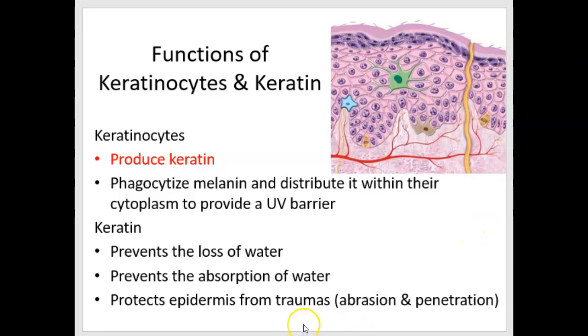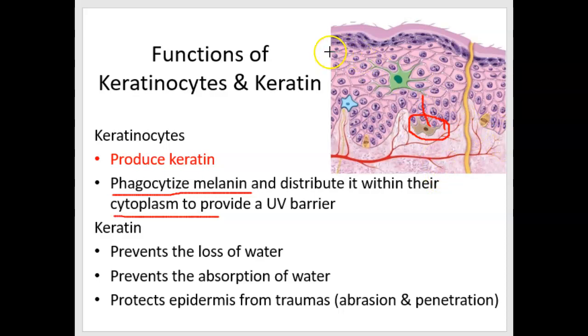The other thing that keratinocytes do is they phagocytose melanin. That means they take up melanin and distribute it in their cytoplasm. Now, melanin was actually made by the melanocyte. So when the melanocyte makes melanin, the melanin is released, but the keratinocytes quickly take it up.